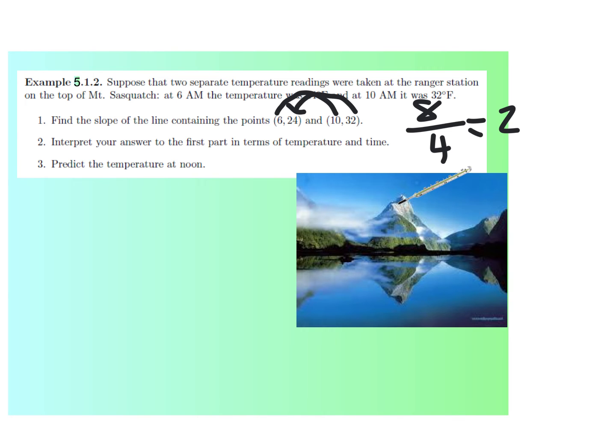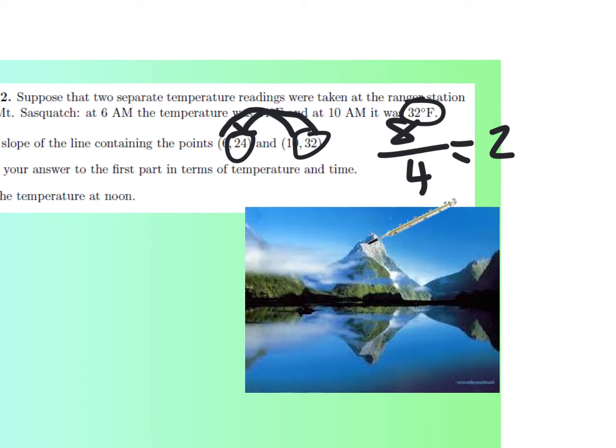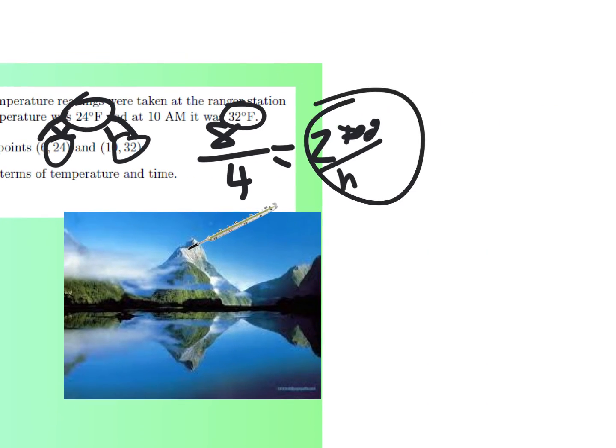And how did I know it was degrees per hour? Because those things on the top, the 32 and the 24, do you get those were degrees? The things on the top were degrees. I drew over the 24 there, but do you get how those two were in degrees? So that's why we knew it was degrees. Over on the bottom, it was time, and that's in hours. 2 degrees per hour.